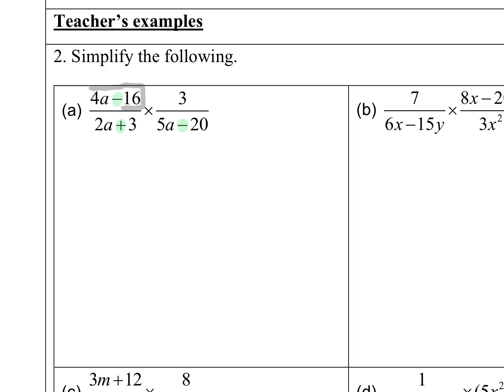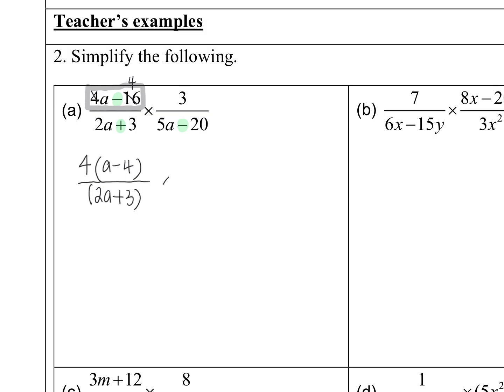So for this group, what is the common factor? Take out the 4, and put the a minus 4 in a group. When the negative sign is in a group, later you can cancel it out. The bottom, let's also put it in a group.